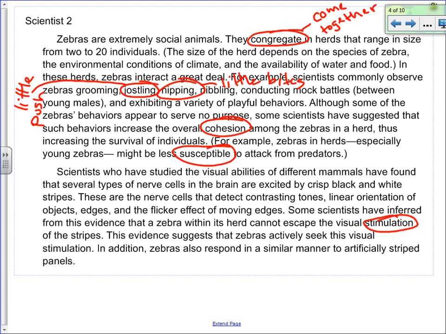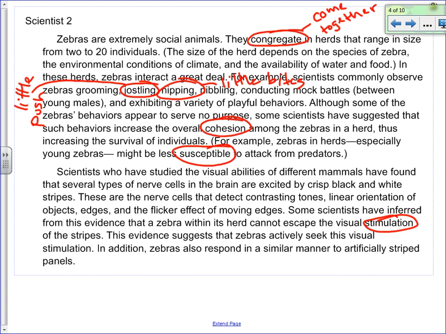Good. All right, the next word we have is cohesion. So sometimes scientists have suggested that behaviors increase the overall cohesion among the zebras in a herd. What do we think that word cohesion means? That's similar to comprehension. All right, cohesion.